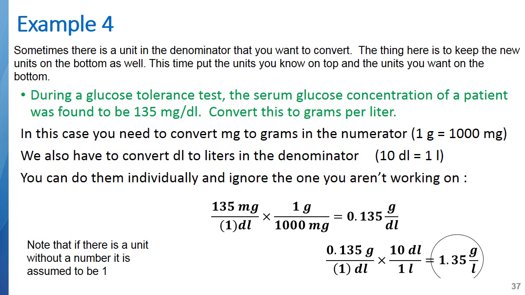And then I could take deciliters. 1 deciliter is the same as 0.1 liters, or there's 10 deciliters in a liter. So 1 deciliter would equal 0.1 liters. And so then we could take the 0.135 grams divided by 0.1 liter and get back to our units of gram per liter. So you could do it either way.